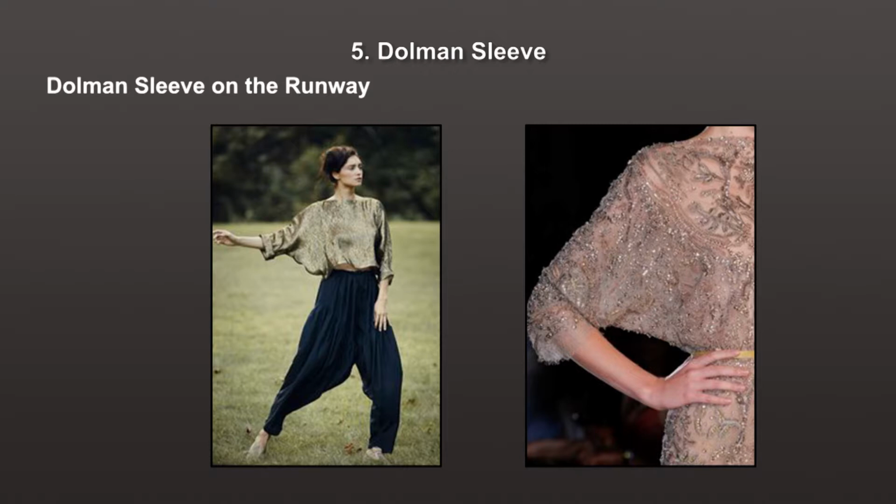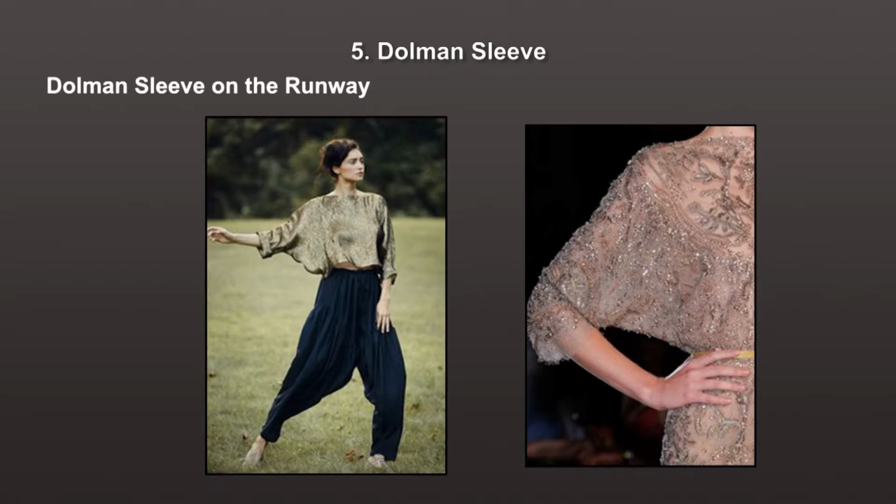Let us look at some more examples of dolman sleeves. The first one is from Fall Winter 2015 collection by Electric Feathers. We can see that the dolman sleeve is almost as long as the waist and tapers towards the hem.